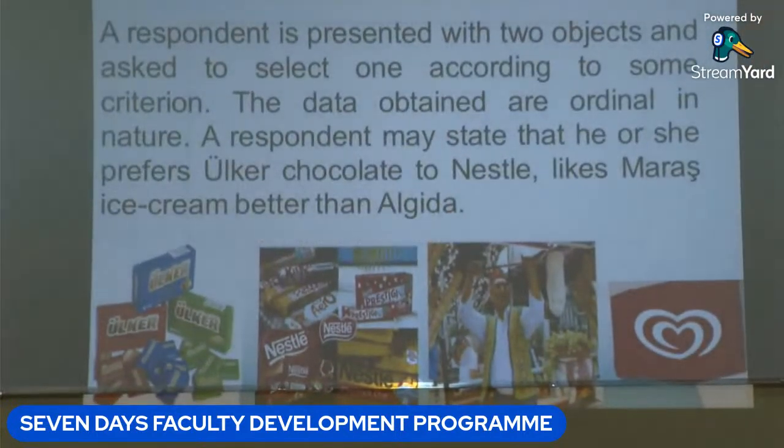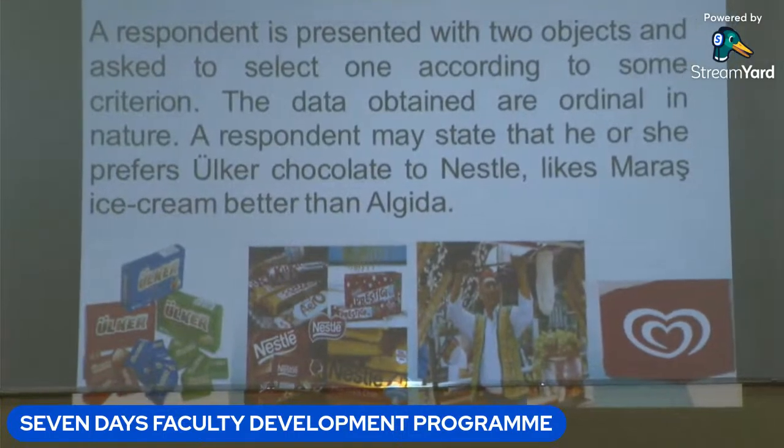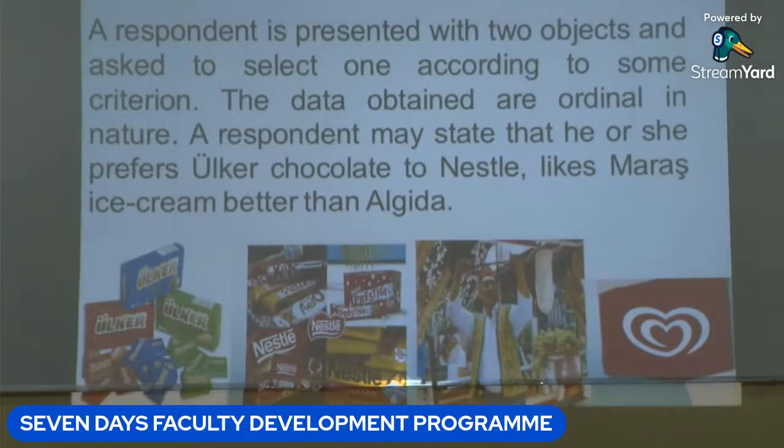Paired means group. So now we have to compare 2 groups or more than 2 groups like this. Here we have an example. A respondent is presented with 2 objects and asked to select one according to some criterion.